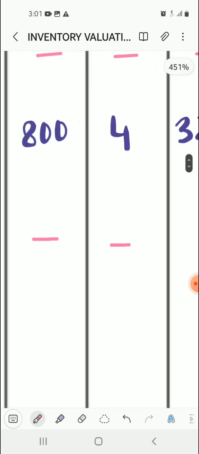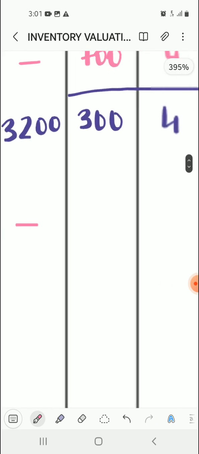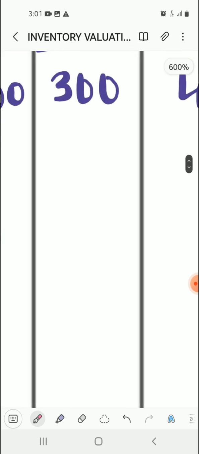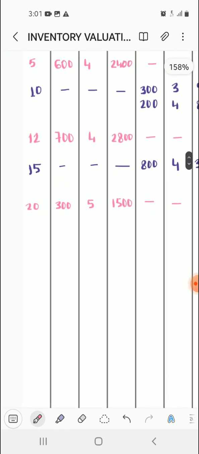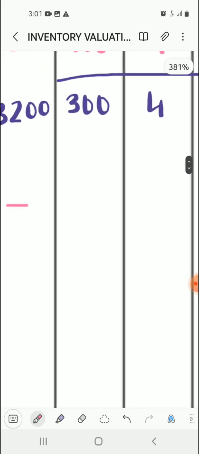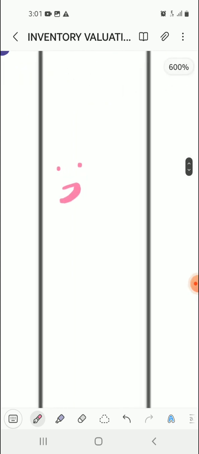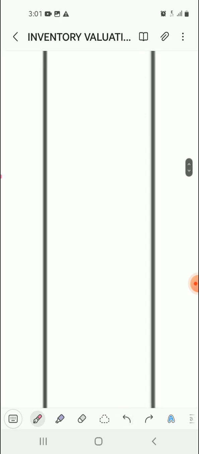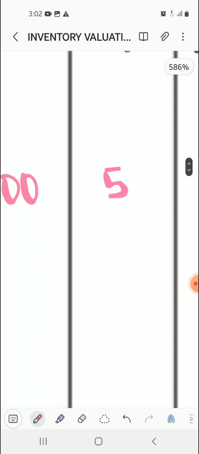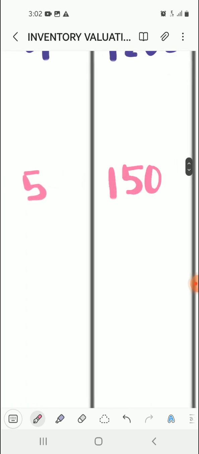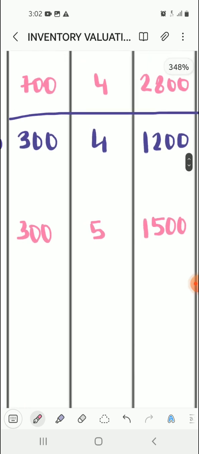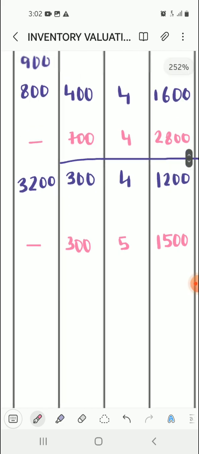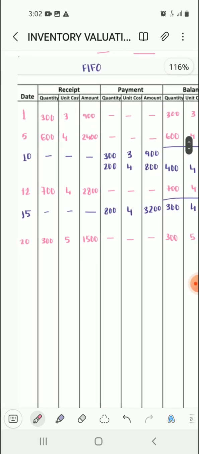There were no issues made on this date. So right now we are going to make these entries of 300 units of 5 rupees. Multiply it, 1500. So now I have got these remaining: 300 units of 4 rupees and 300 units of 5 rupees. Now 20 is done, we are going to shift to the next date.